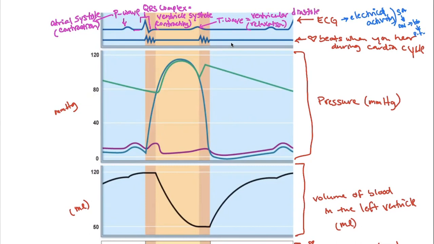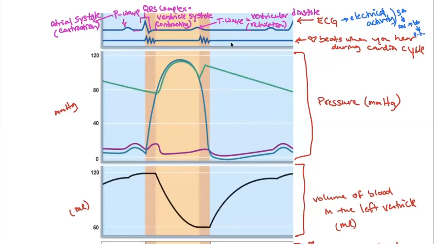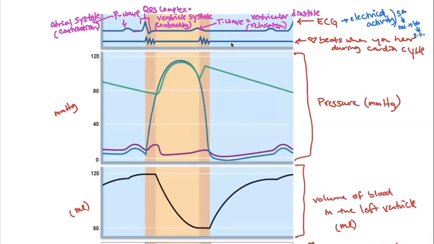All right, you might be wondering where atrial diastole is. Well, atrial diastole ends up being part of the QRS complex. So the QRS complex is not only ventricular systole, but included in that is atrial diastole. It just gets kind of folded in with that QRS complex.